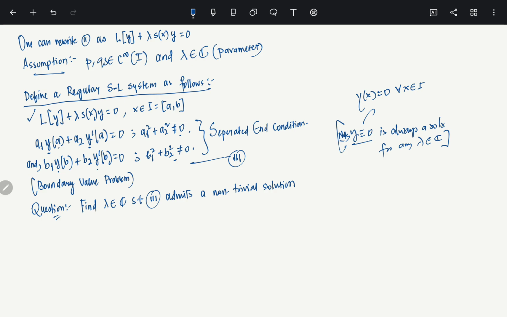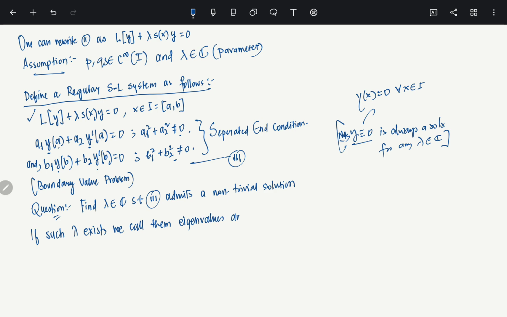If such lambda exists, we call them eigenvalues of the system.